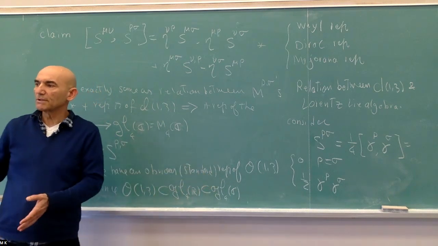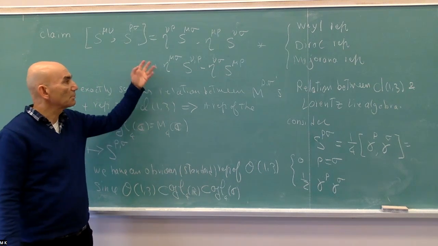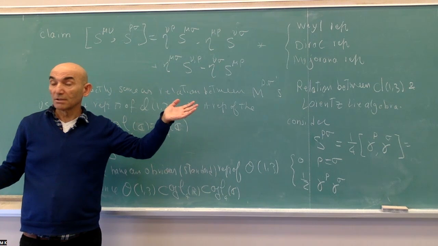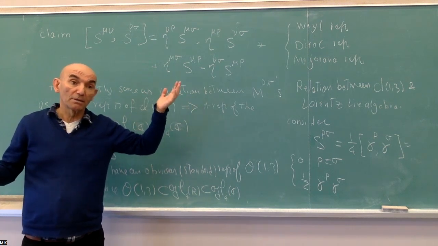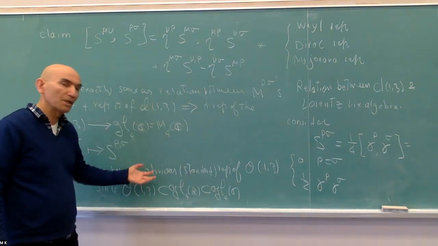So you have an obvious representation, because these Lorentz matrices, the lambda sigma mu's, are 4x4 real matrices, so they can be considered 4x4 complex matrices. And that's it. It's already kind of God-given representation.